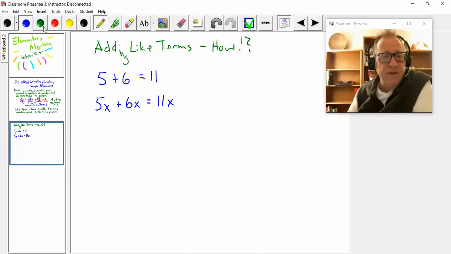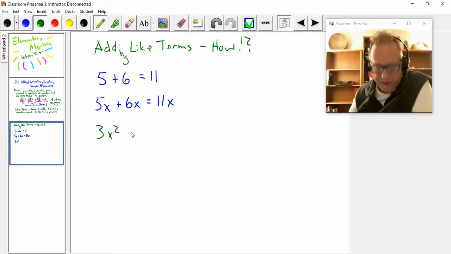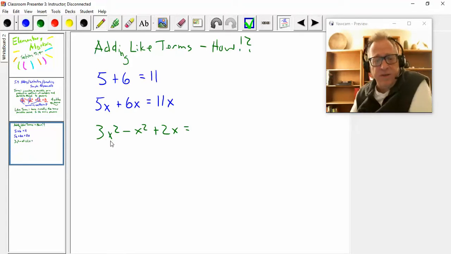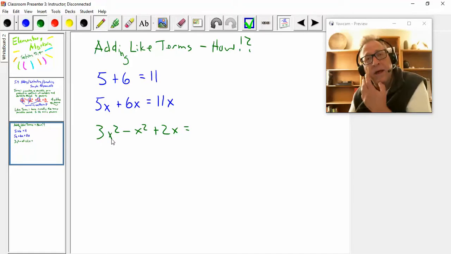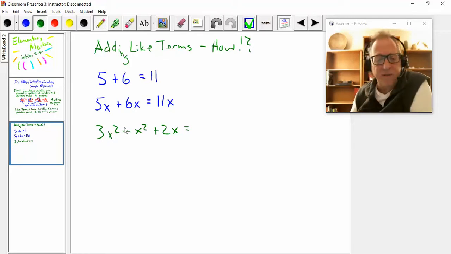How about this example? What if we had 3x squared minus x squared plus 2x? Can we combine anything there? Well, yes, we can. We've got two terms that are like terms. This 3x squared has a variable x, and it's raised to the second power. Well, this term also has the variable x raised to the second power, which means we can combine them.